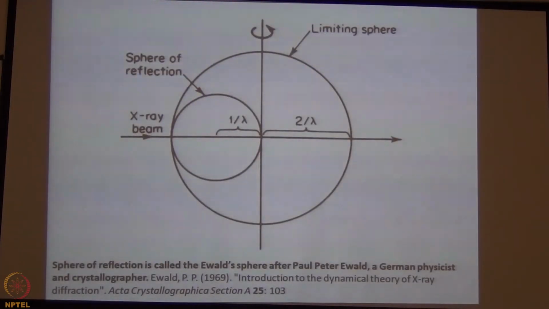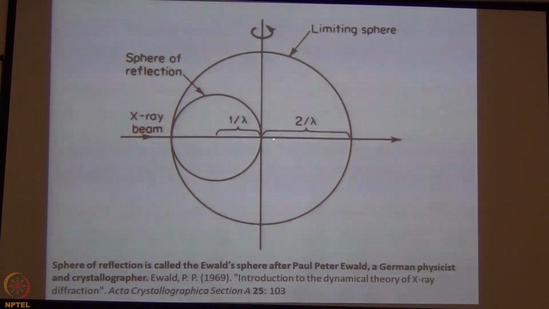The answer is here. The sphere that we are talking about is this one, of radius 1 by lambda, diameter 2 by lambda. So when a reciprocal lattice point is passing through that sphere, it causes diffraction.